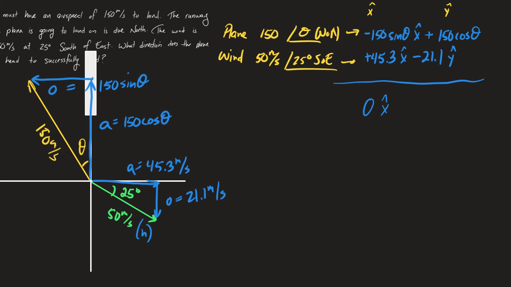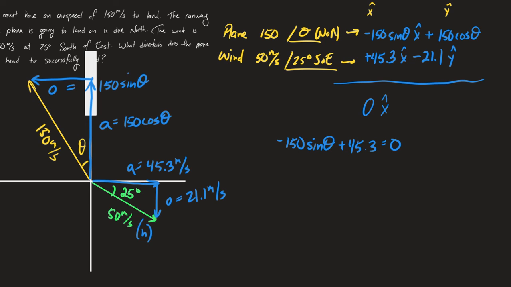If that's not the result, the plane is going to be drifting in the x direction and it's not going to stay on the runway. Now that alone is a direction to solve the problem. Because if I look, I'll notice that negative 150 sine theta plus 45.3 has to equal 0. This has to be true for the plane to be flying due north.